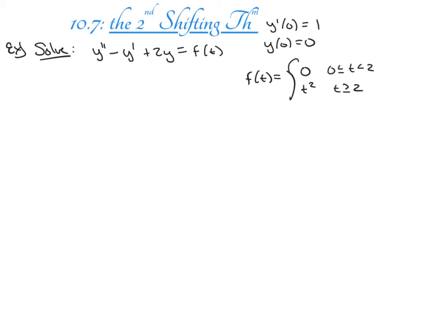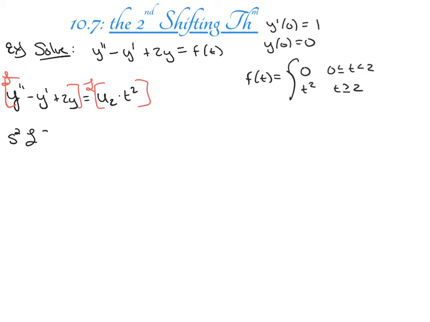So writing that as a unit step function, I have y double prime minus y prime plus 2y equals the unit step function at 2 times t squared. Okay? Taking the Laplace of both sides. I've got s squared times the Laplace of y minus s times y of 0 minus y prime of 0.